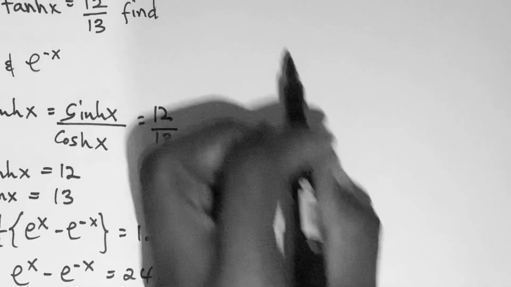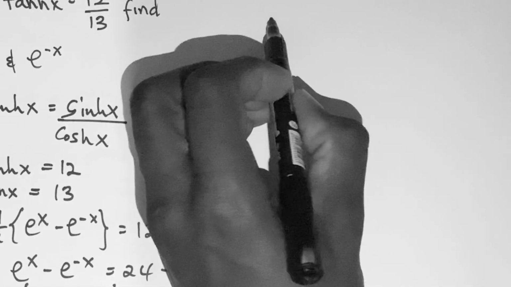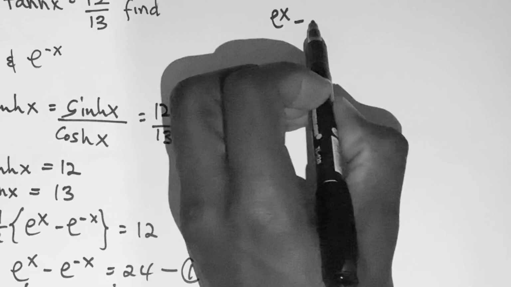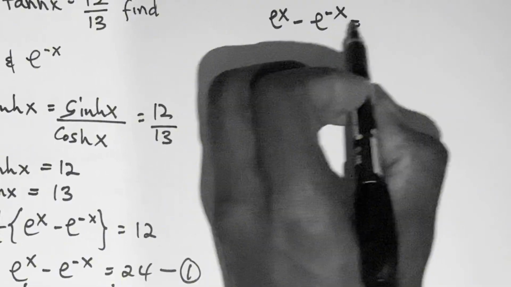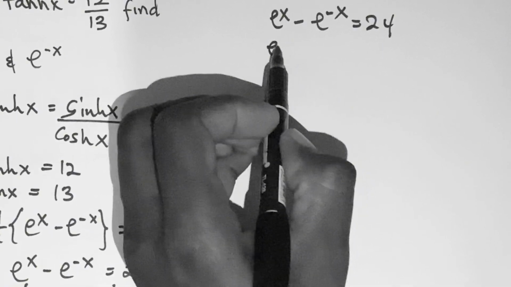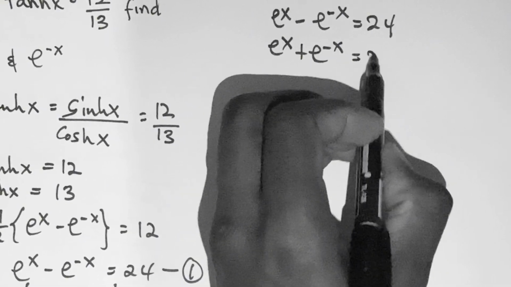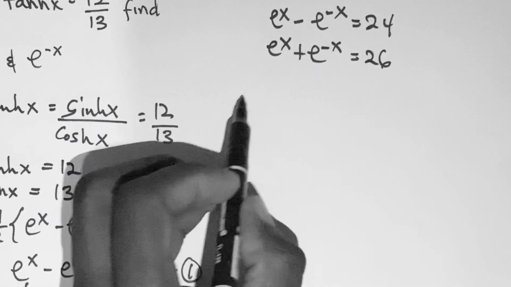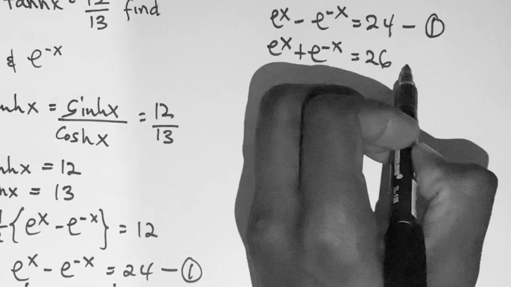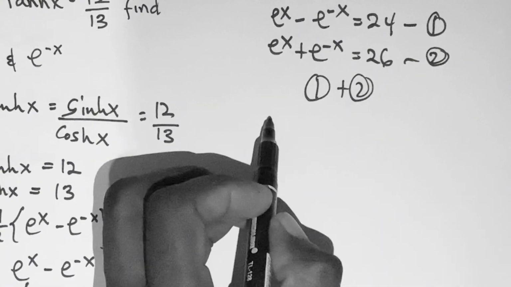So let me rewrite both equations here. So we have exponent x minus exponent minus x equals 24. And then exponent x plus exponent minus x equals 26. So now let's add equation 1 and equation 2.